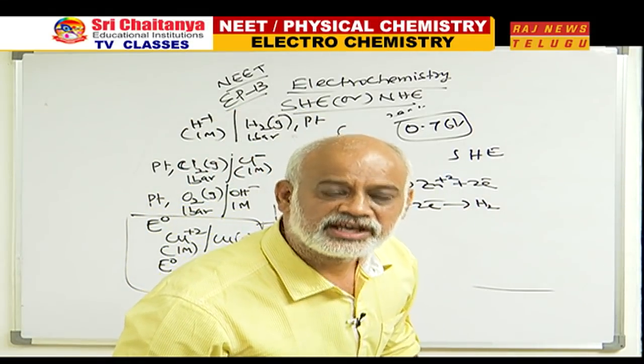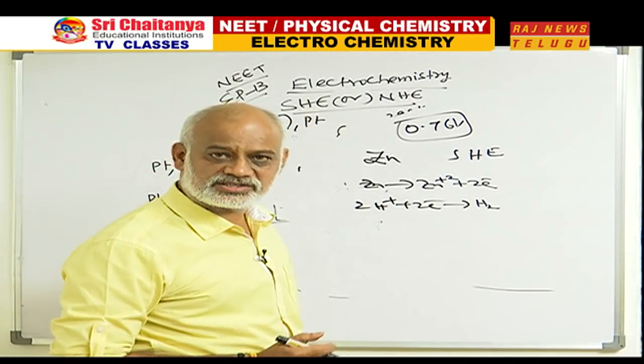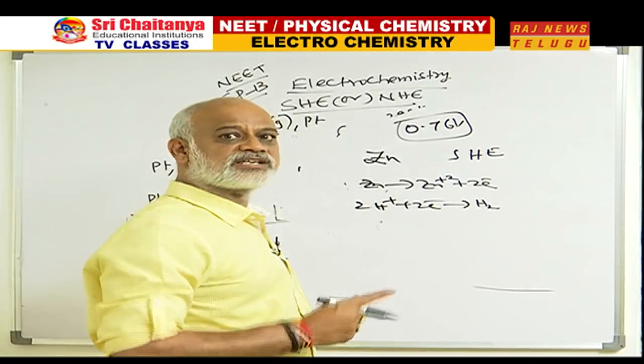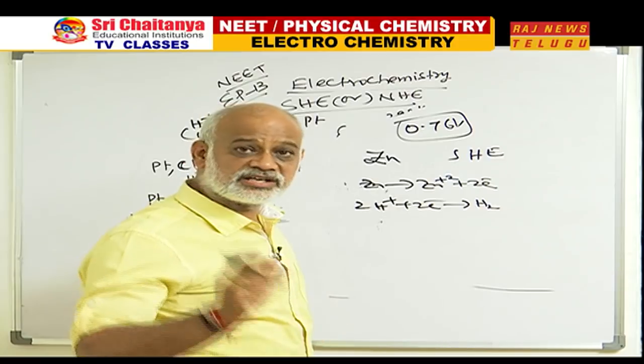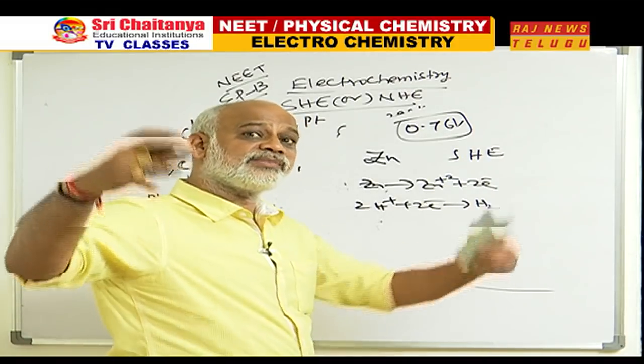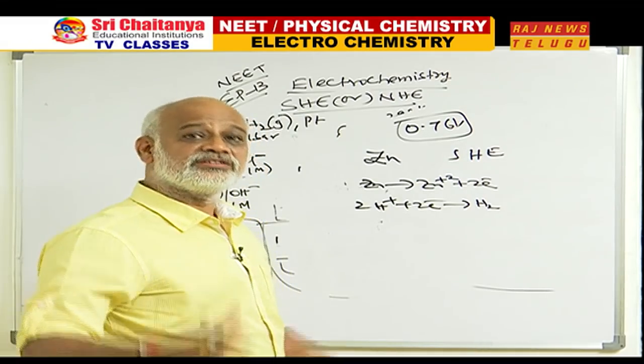Reduction. Therefore, spontaneous reaction at zinc is oxidation, and spontaneous reaction at hydrogen electrode is reduction. We did not decide. On making this connection, it occurred. The cell reaction showed it.